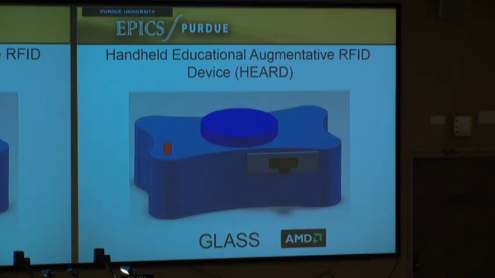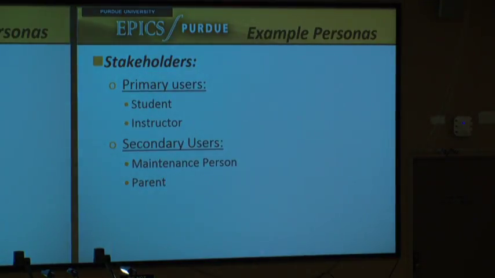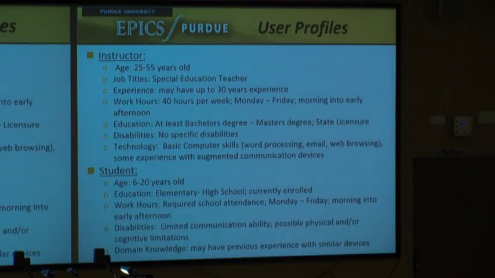So HERD is actually an ongoing project, but one of the ways in which this got started is that we identified primary stakeholders. We knew that there was a need out there, but we needed to define what that was. And so we identified primary and secondary stakeholders related to this.